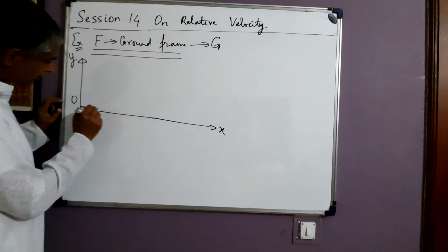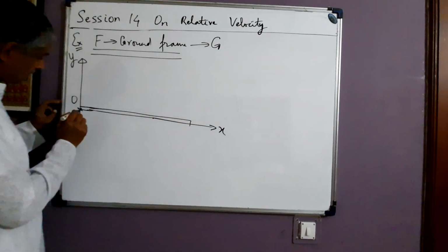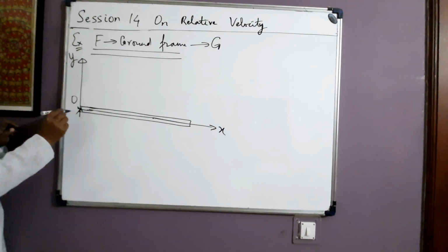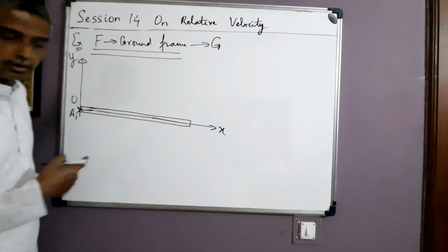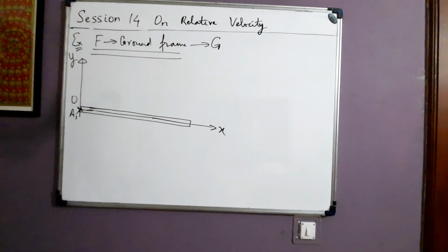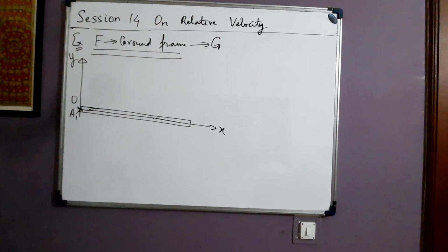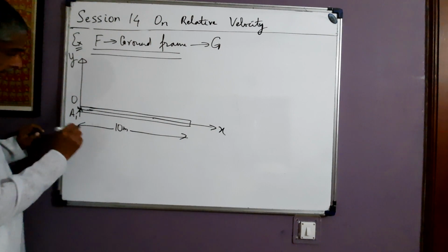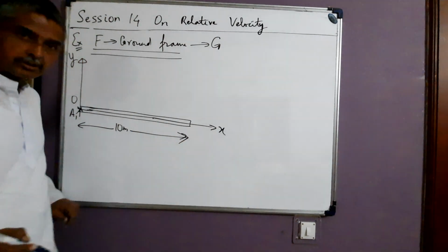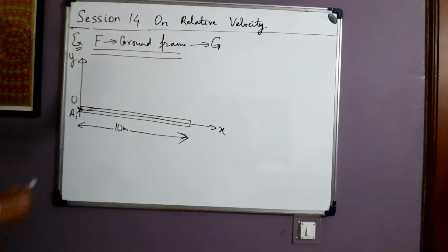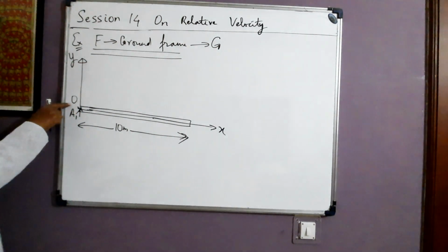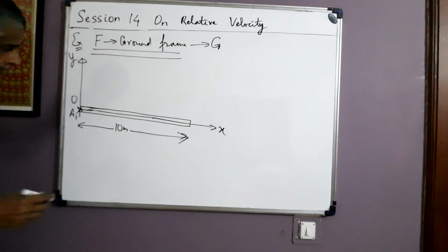See, there is a rigid rod, whose left end A1 is fixed and coincides with the origin, and the length of the rod is 10 meter. This rod's left end A1 is fixed in the ground at origin O.